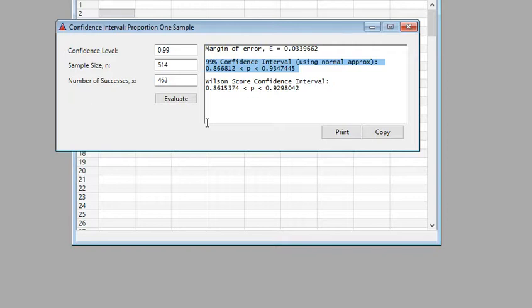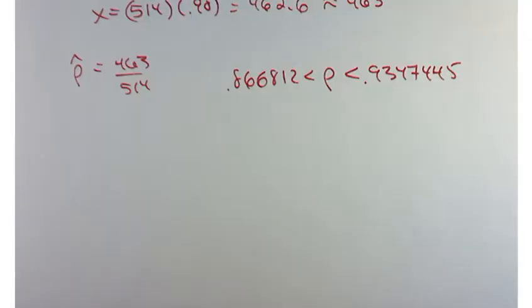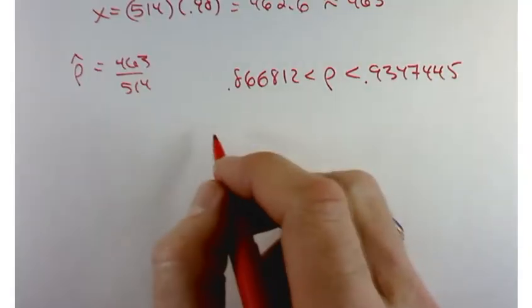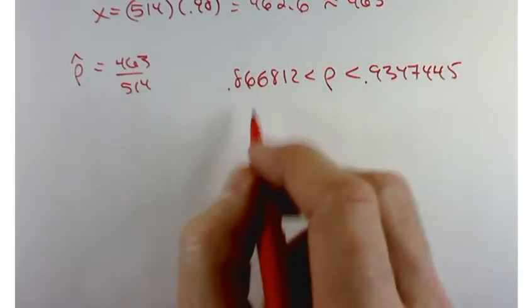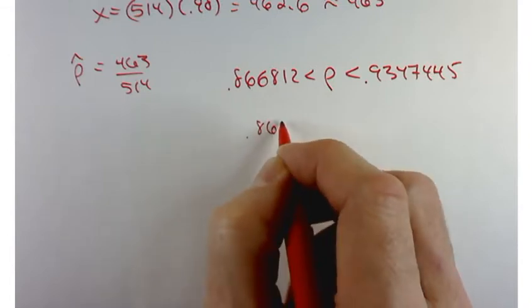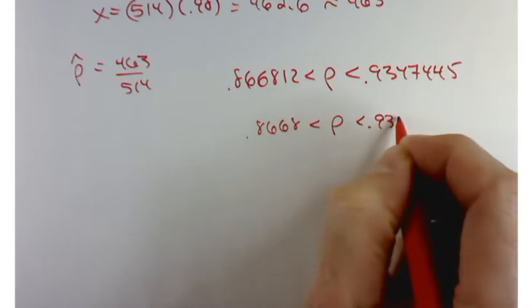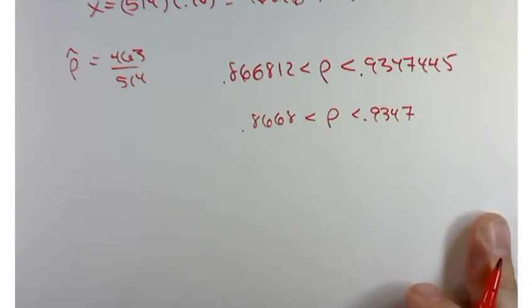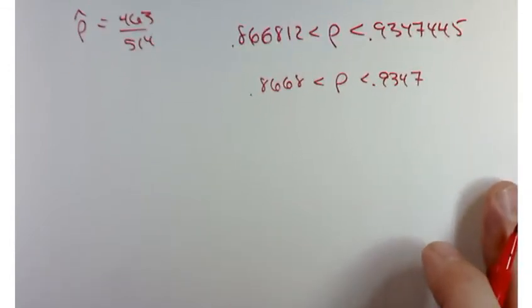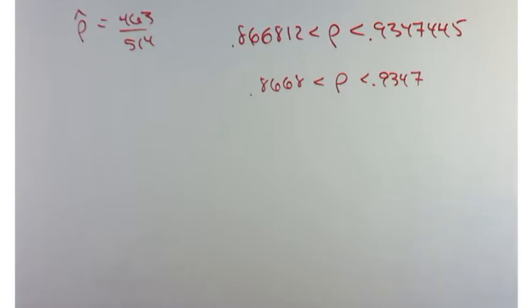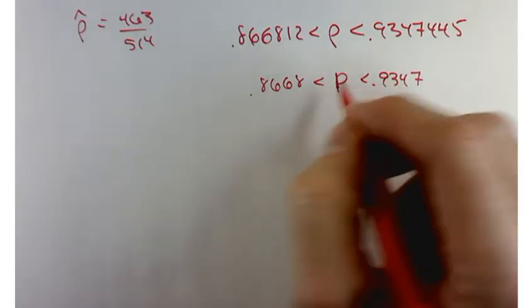All right, we don't need a ridiculous amount of digits. A little OCD compelled me to write all these down. Let's round this off to about 0.8668 and then 0.9347. So that's our confidence interval. Should make this look more like a p and less like a rho.